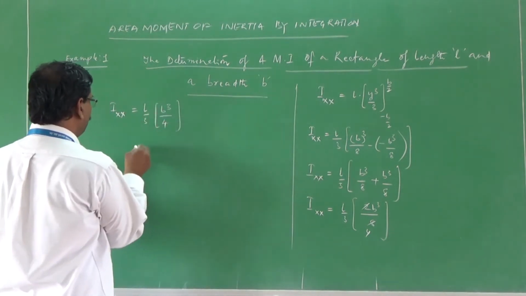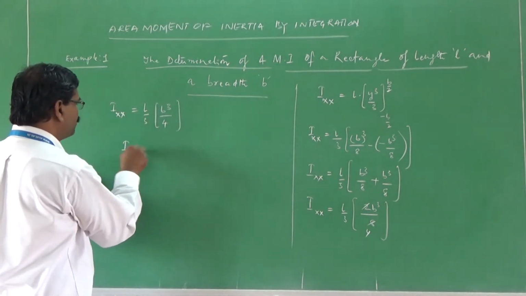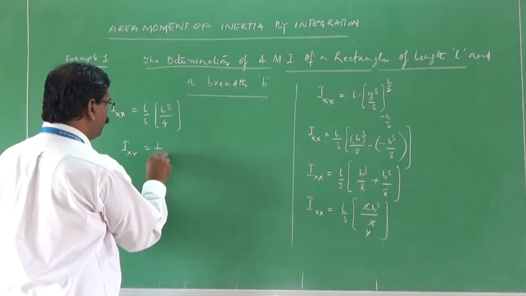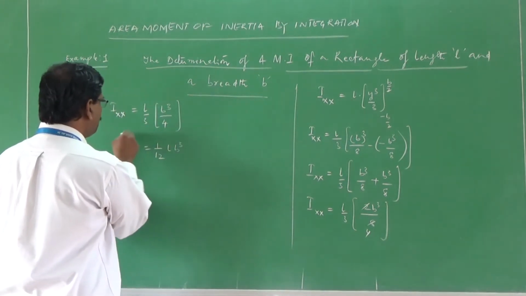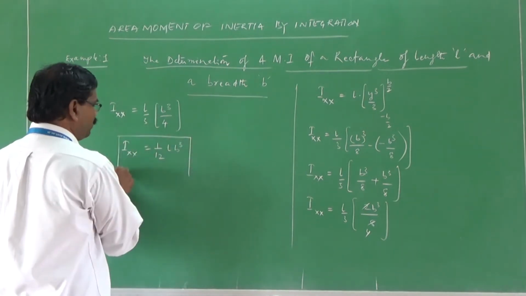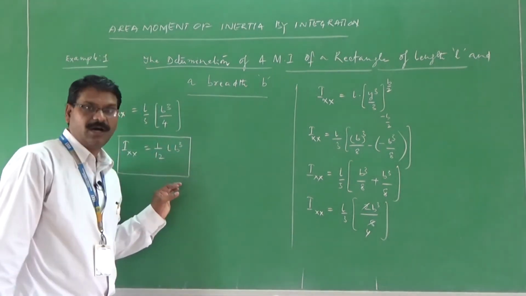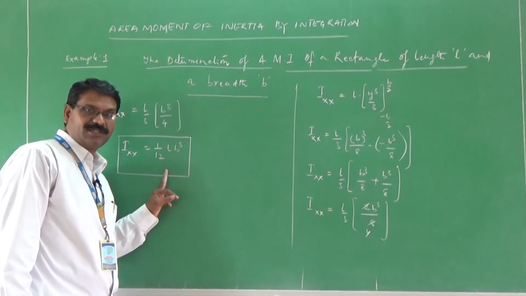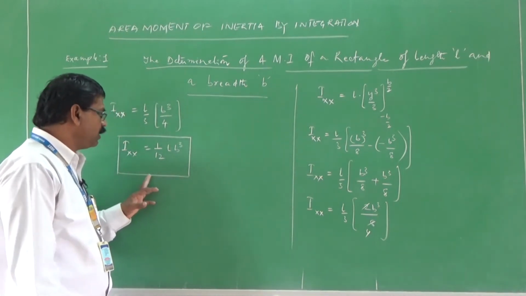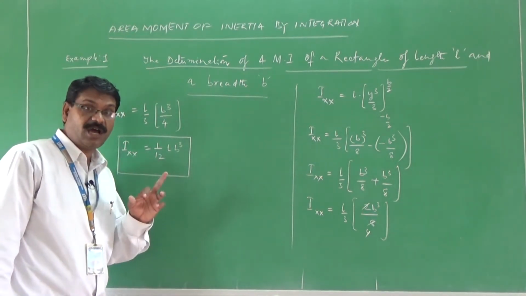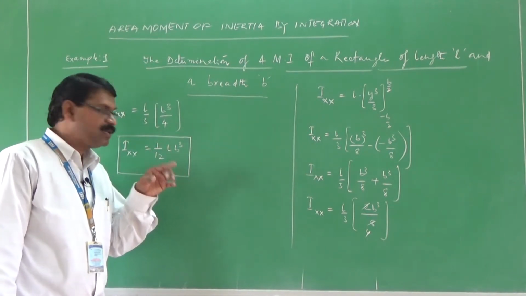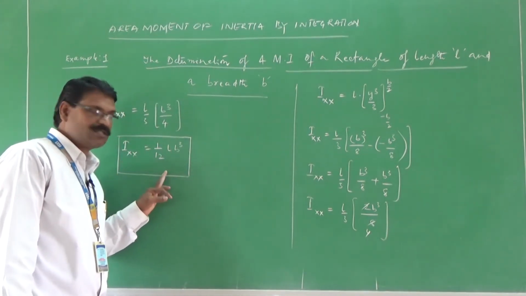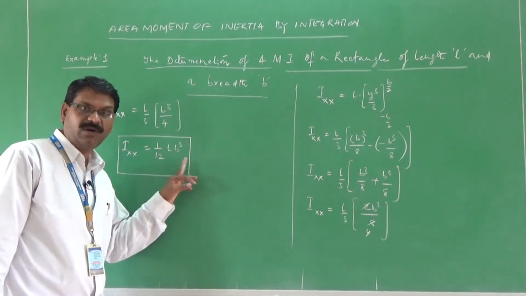Now, after simplifying this, Ixx is equal to 1 by 12 L b cube. This is the standard formula to find the moment of inertia with respect to xx direction, which is the most important formula to find the moment of inertia of a rectangle whose length is L and whose breadth is b with respect to xx directions. Therefore, Ixx is equal to 1 by 12 L b cube.